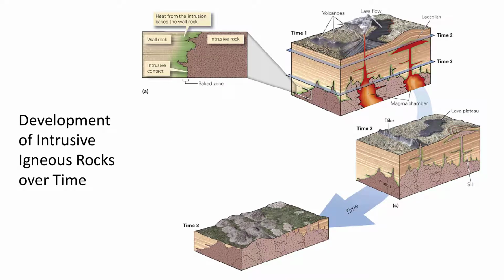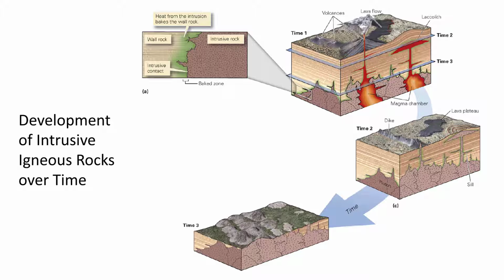This diagram shows the development of intrusive igneous rocks over time and how different erosional surfaces over time will reveal different sections of the developments of igneous rocks. So in time 1, we can see on the top right, we have the formation of multiple plutons into a batholithic structure far underground with 2 active magma chambers.